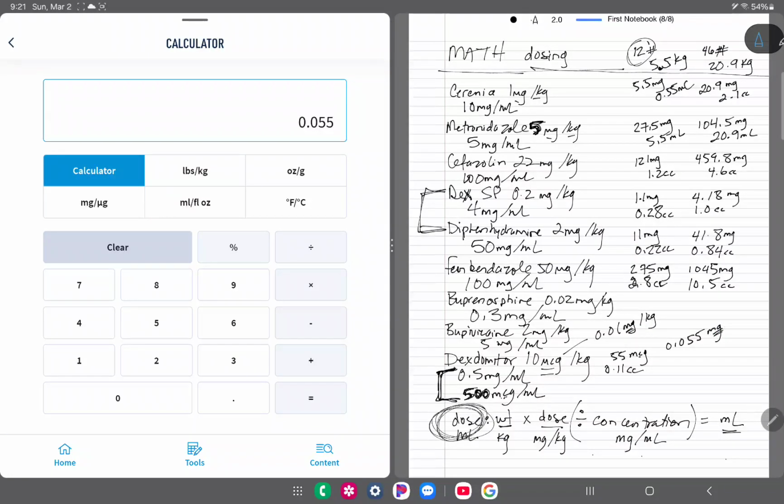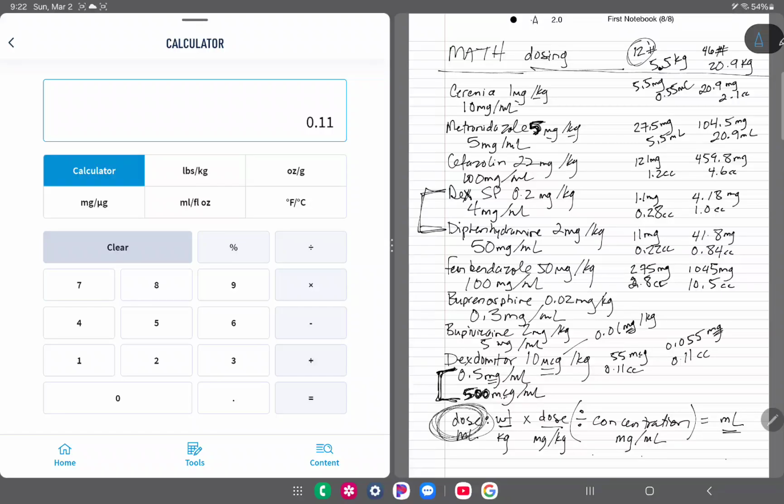So if I'm going to stick with milligrams, then I'm using what the bottle says, which is milligrams. So I take my 0.055 milligrams divided by the concentration, which is 0.5 mig per mil, and I get 0.11 cc's. So you see, the cc amount doesn't change, and that's how it's supposed to be.